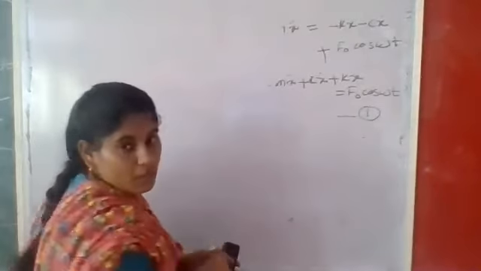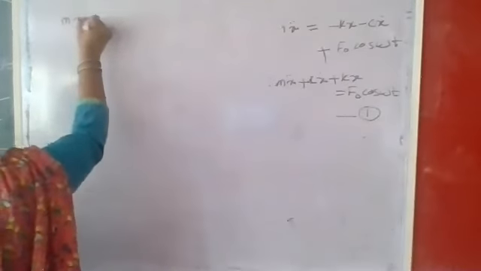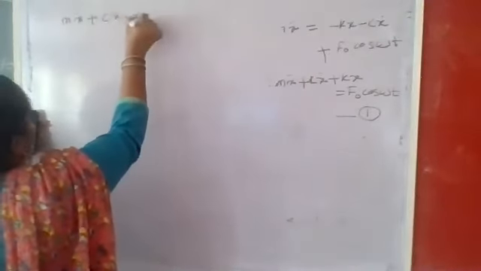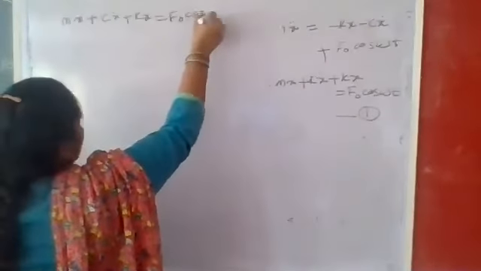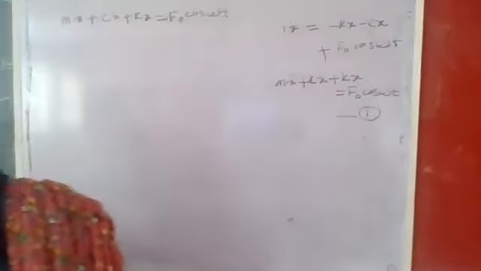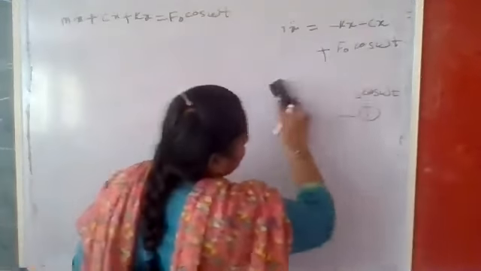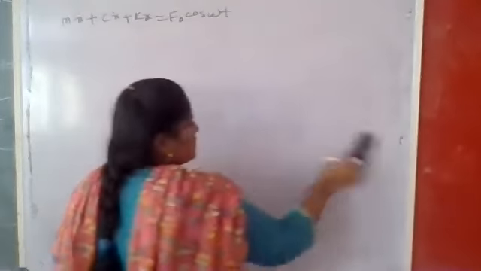I will write here once again: Mx double dot plus Cx dot plus Kx equals F naught cos omega t. That is the general equation for analysis of forced vibration of a damped system.